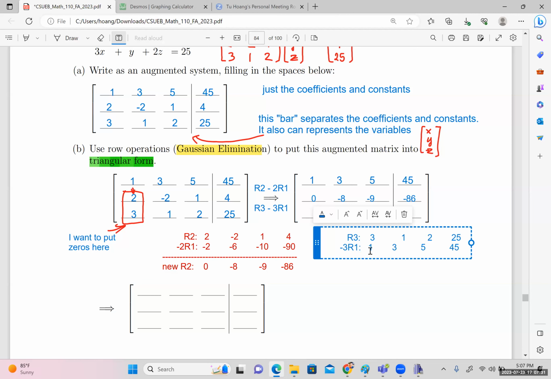So row 1, -3 times 1 is going to be -3. -3 times 3 is going to be -9. -3 times 5, -15. -3 times 45 is going to be -135.